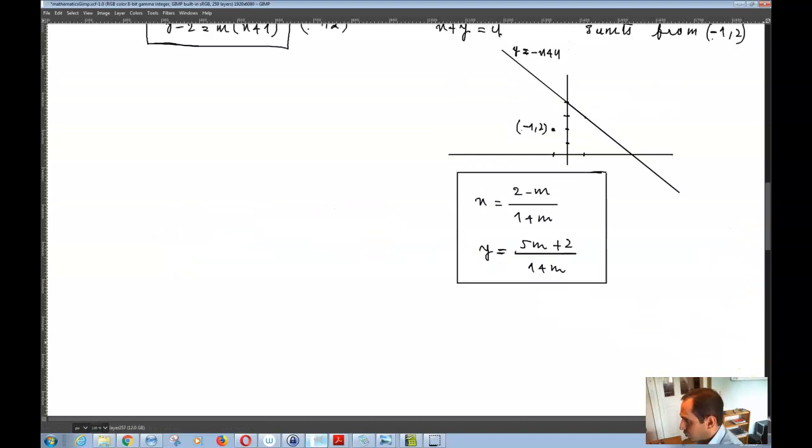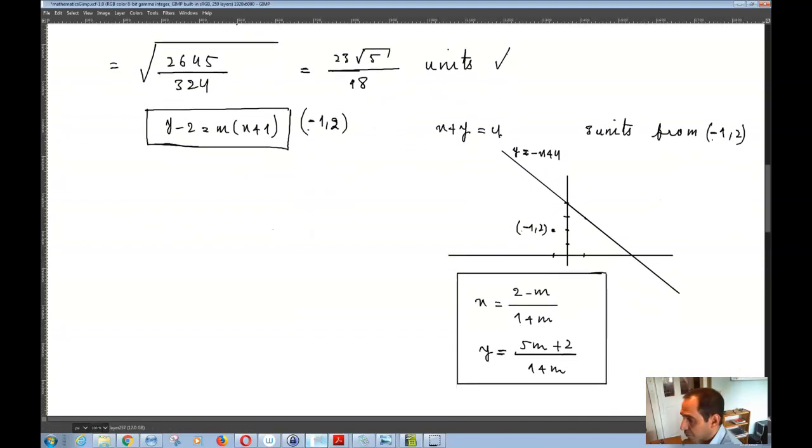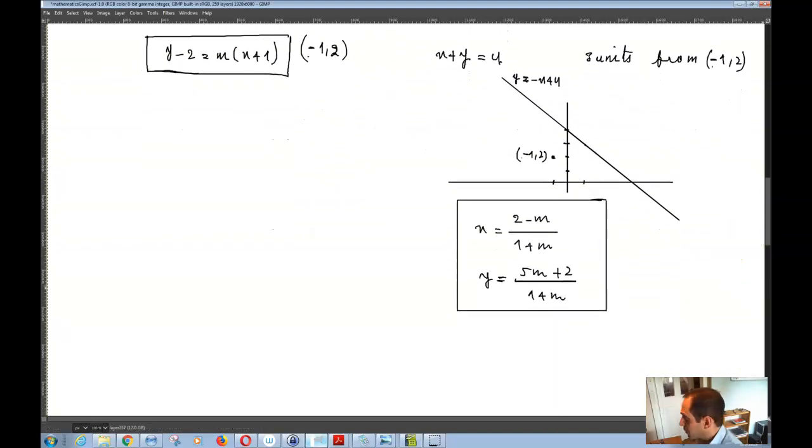Now the problem is almost solved. All you need to do is that the distance between this point and this point has to be 3 units, and the distance formula is AB is equal to the square root of x2 minus x1 whole squared plus y2 minus y1 whole squared.